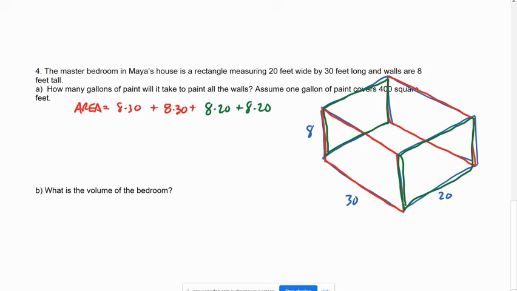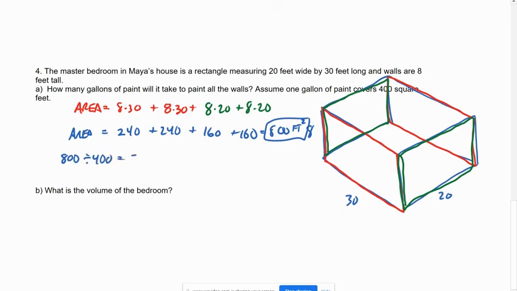So our total area is going to be 240 plus 240 plus 160 plus 160. And so that equals 800. A gallon of paint covers 400 square feet. So this is 800 square feet as our area. And so 800 divided by 400 is 2 gallons of paint.